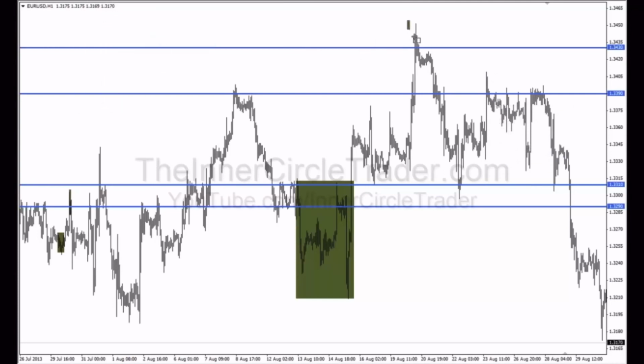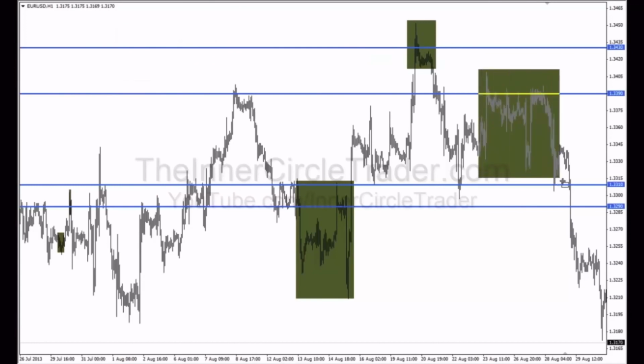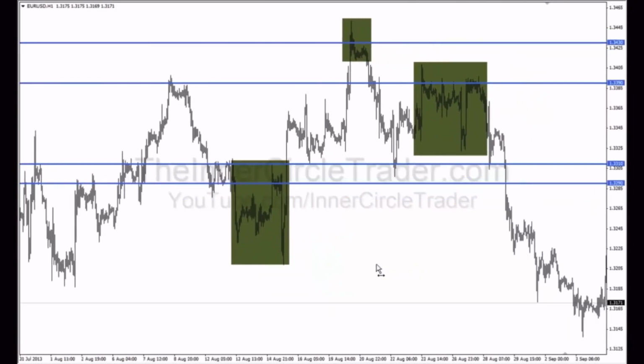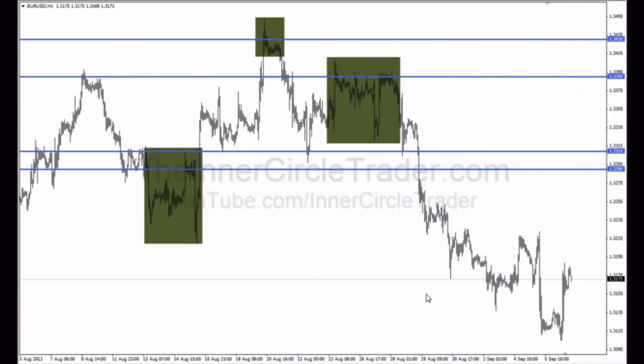And again, this is the sell model, so you're going to see price run out this consolidation on the low end. You can see that happened there. So that's the market maker sell model.